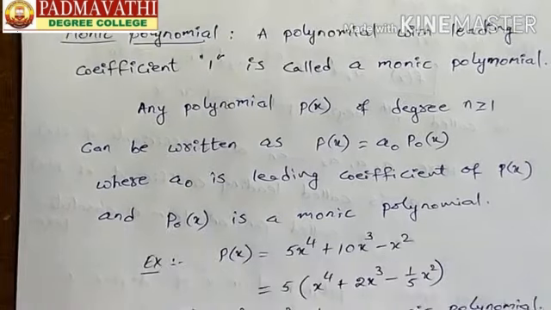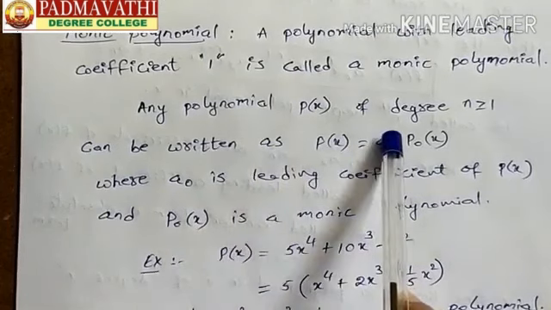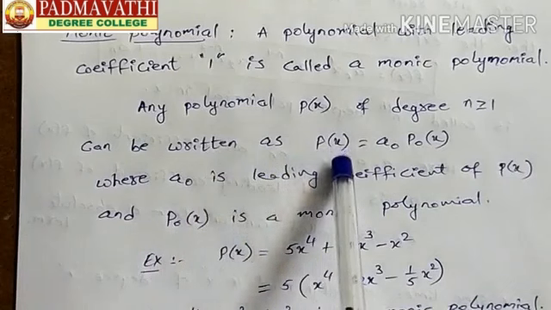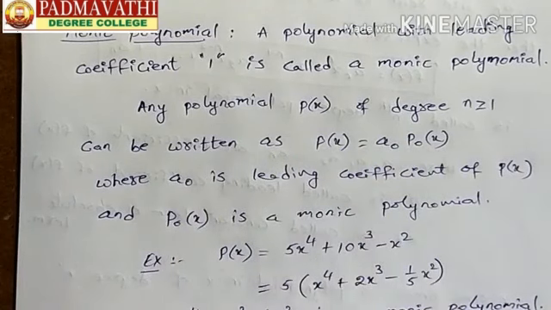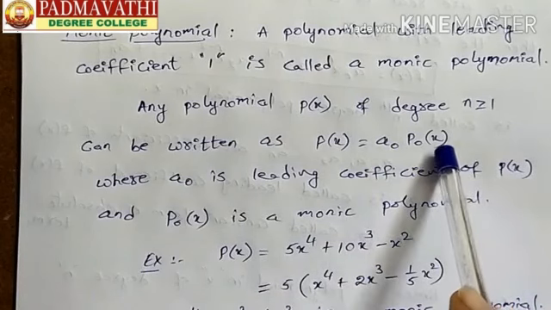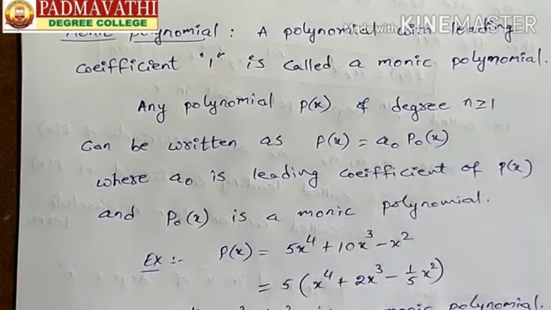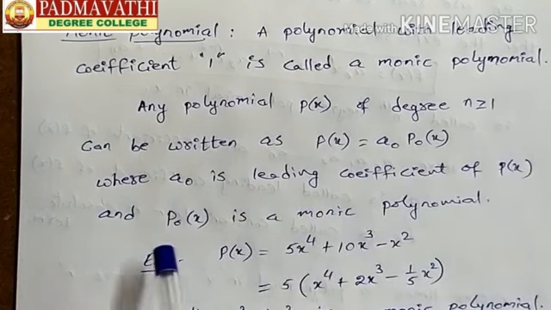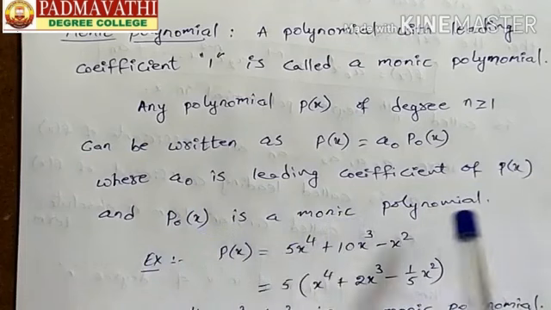Look at this. Any polynomial p of x of degree greater than or equal to 1 can be written as p of x equal to a naught into p naught of x. That means we can take a numerical value common, and then it becomes a naught into p naught of x, where a naught is the leading coefficient of p of x and p naught of x is a monic polynomial.